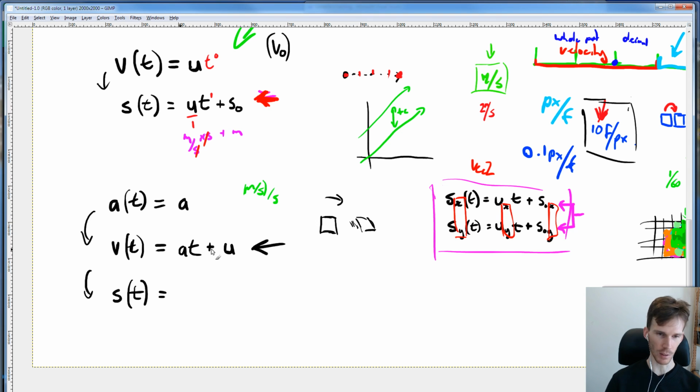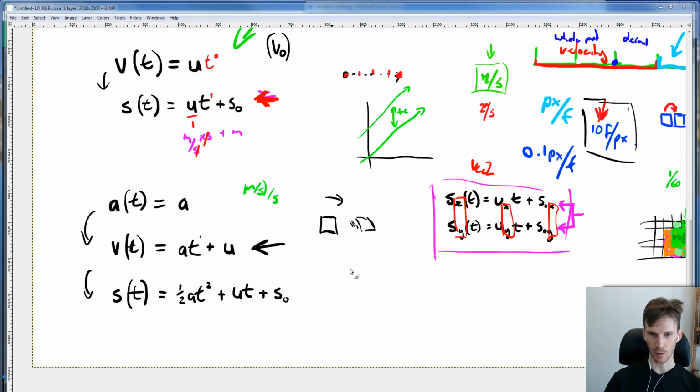So actually knowing the velocity is useful in itself, but obviously we want the position. So integrate this up again, and we add 1 to the power and then divide, so we get half a t squared, plus this one becomes u t, plus s0.